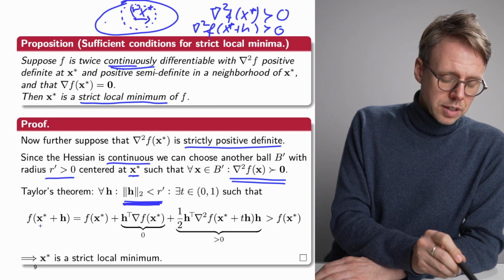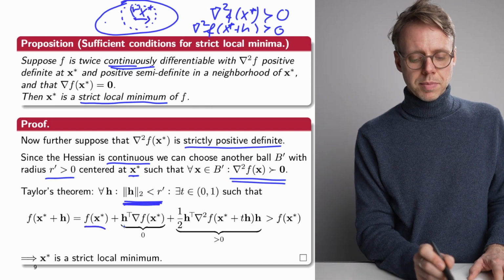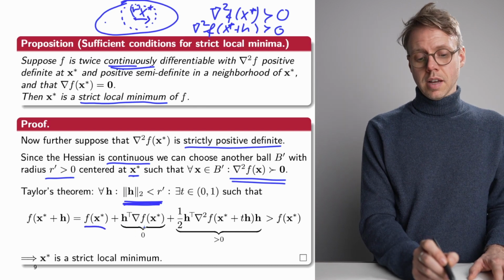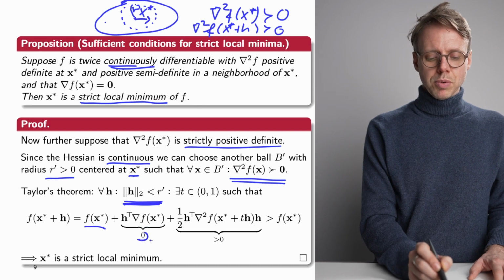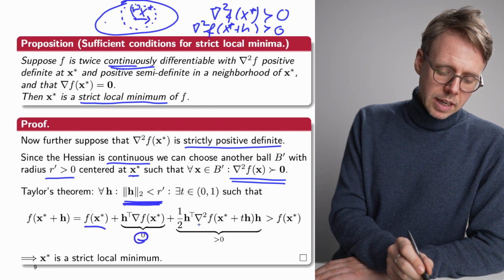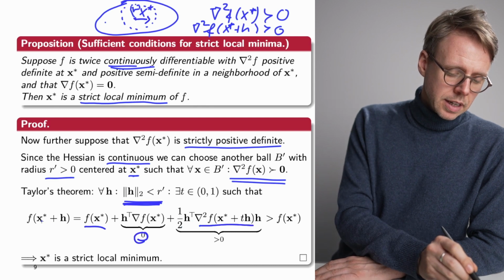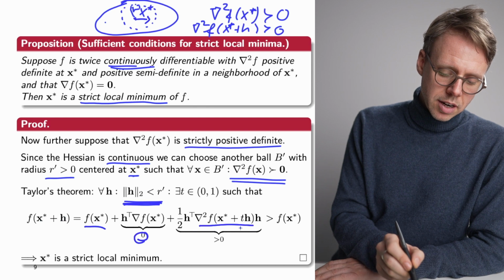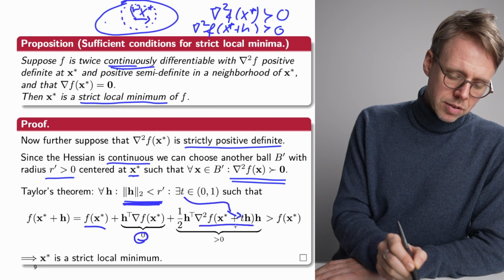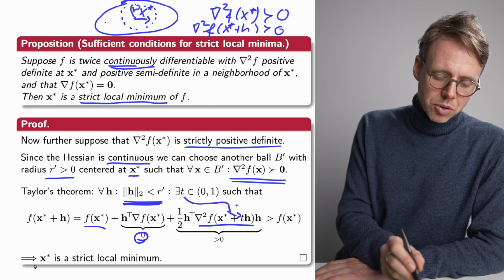This function value equals the function value at the point x star plus a term that is linear in the gradient at x star, which is 0 because the gradient is 0, plus a squared form in the Hessian at some point between x star plus h and x star, that we get from Taylor's theorem. So we know that it exists, but we don't know which it is.